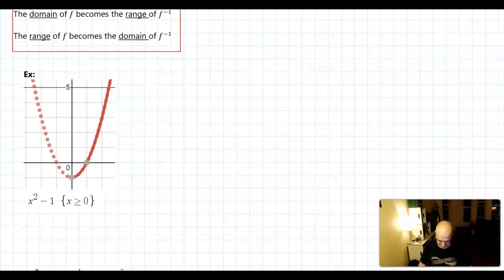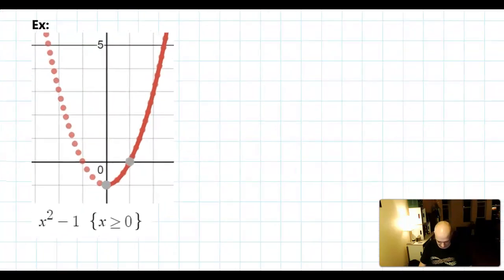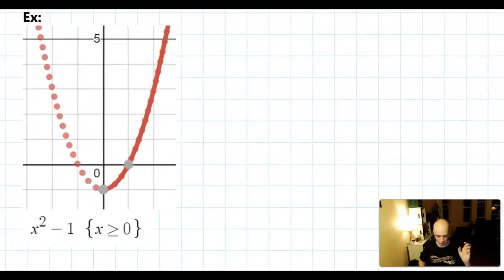But let's get going on here. So what I'm going to do is take my original graph, x squared minus 1, and I recognize that this totally fails the horizontal line test. But if I selected just a portion of it, say the right portion, that's strictly increasing, this part passes that horizontal line test.